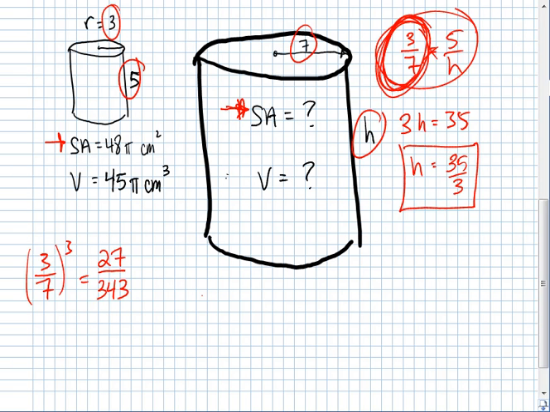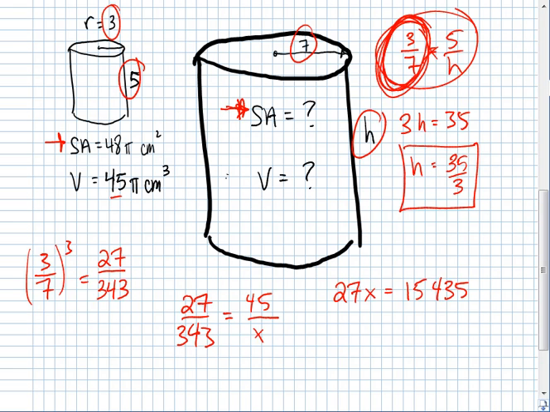So again, set up the ratio the same way. 27 over 343 is equal to the smaller volume, so it's going to be 45. I can ignore the pi because I have pi in the other one as well. It doesn't really matter. Over, we'll call it x, and I'll just cross multiply and solve for x.